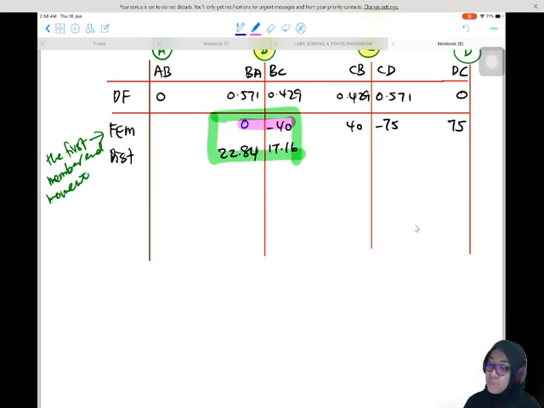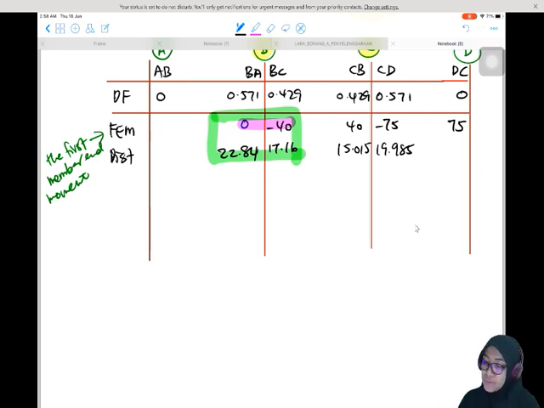It is 15.015. And for CD, it is 19.985. For DC, since the distribution factor is 0, there is no value.